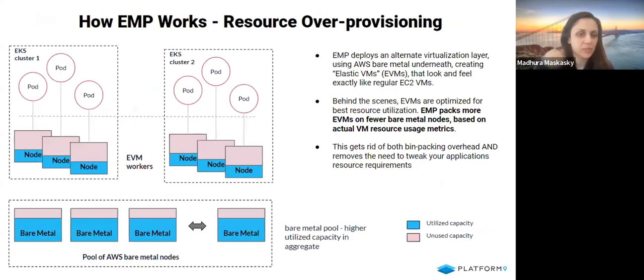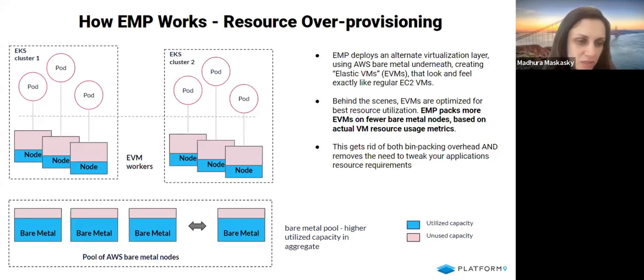So the big differentiation is that EMP is utilization aware, meaning your app may be configured with 10 GB memory for request value, but if it's only consuming 1 GB currently, EMP is only going to try to give it 1 GB or maybe 2 GB. That's the key way in which EMP saves costs.